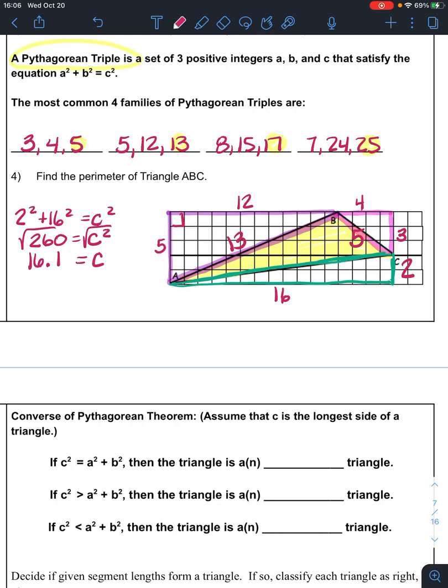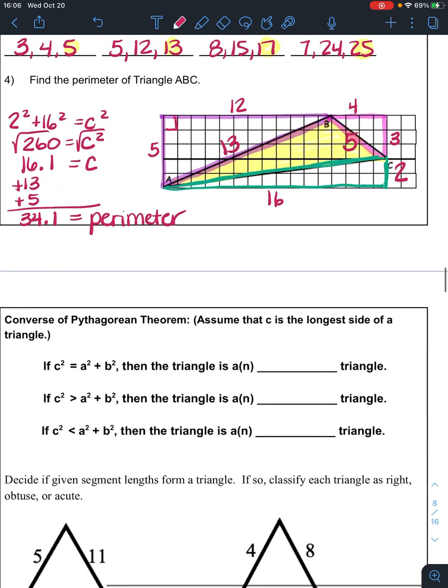So I would take 16.1, and I would add 13, and I would add 5, and that gives me 34.1 is the perimeter of that triangle. But the good thing is, while it was asking for you to do Pythagorean theorem 3 times, we didn't actually have to because we knew that shortcut. And again, if you don't remember the triples, it's okay. Then just do the Pythagorean theorem and you'll get the same answers.